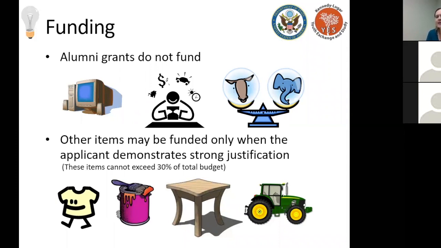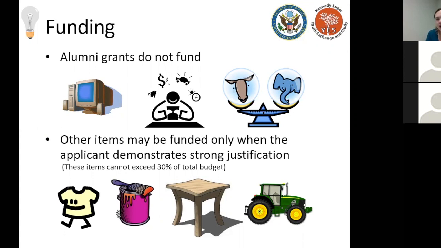And for that last point, just to give you an idea, let's say, for example, that you are really passionate about voting and you want to conduct an alumni grant project that encourages people to vote. That is fine. That's not the same thing as putting your grant funds behind a specific person who's running for an election in your country.